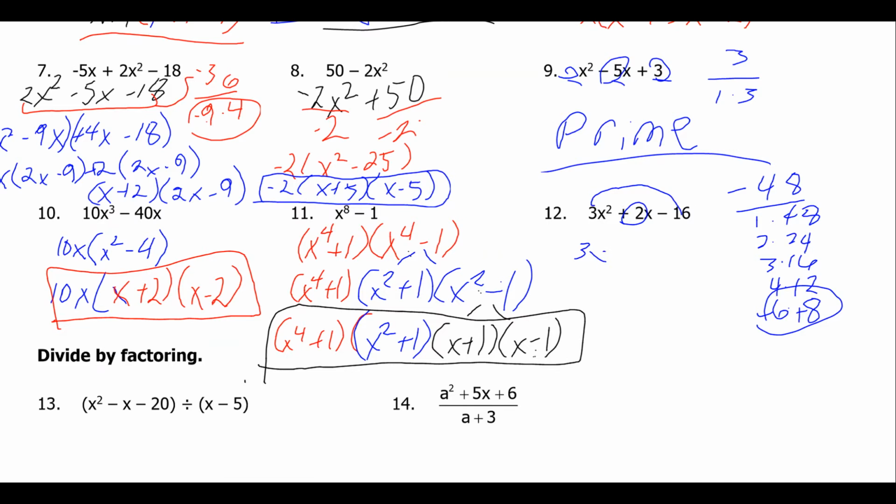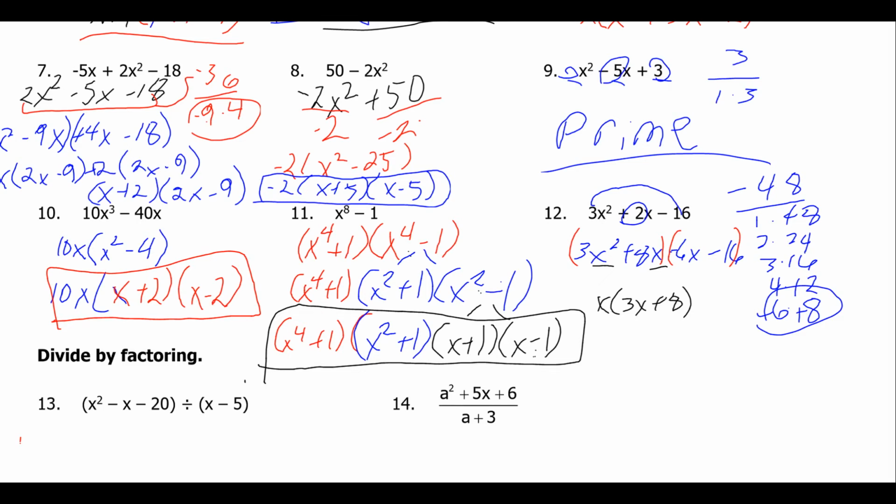So that's going to give me 3x squared plus 8x minus 6x minus 16. And then I can go ahead and section it off. It's minus 6x. Alright, and then let's see. I can pull out an x here and here. So that's going to give me x on the outside of 3x plus 8.